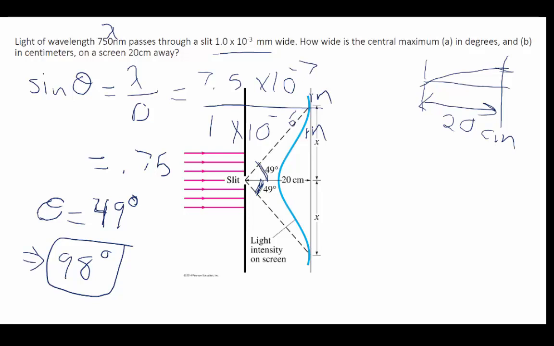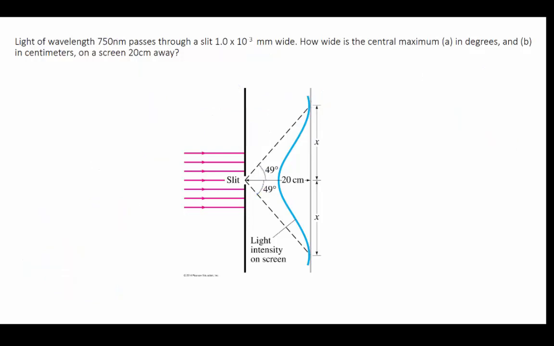Now the second part of this is asking us for the central maximum in centimeters. Looking at this picture here, we can see that in centimeters it's going to be equal to x plus x, or 2x is going to be the width that we're looking for.